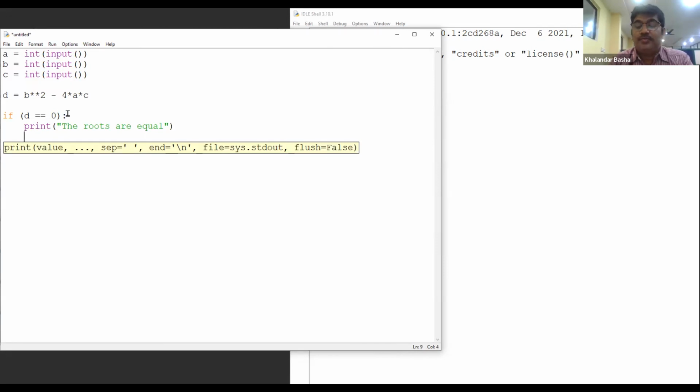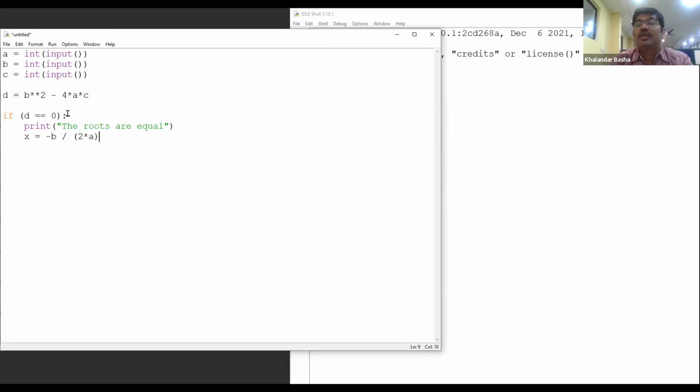As we have only one root, we can take x equals minus b divided by 2 star a. If you want to declare the equal roots x1 as well as x2, you can have one more statement with the same value. So x1 equals minus b by 2a, and x2 equals minus b by 2a. Both the roots are equal.